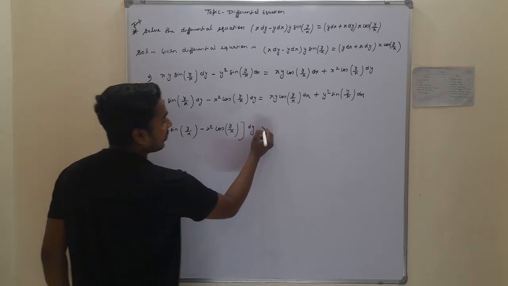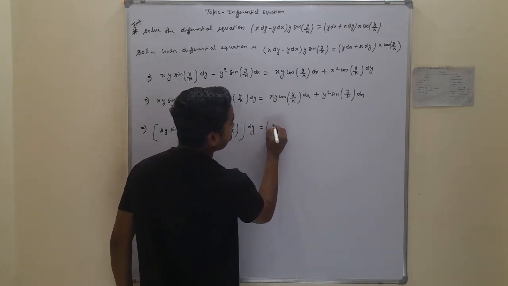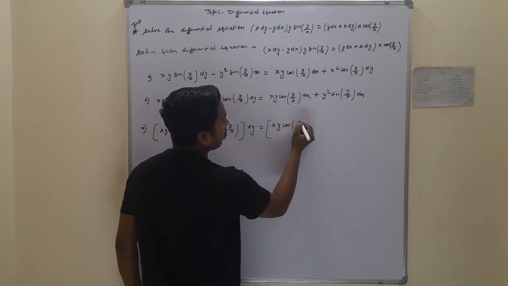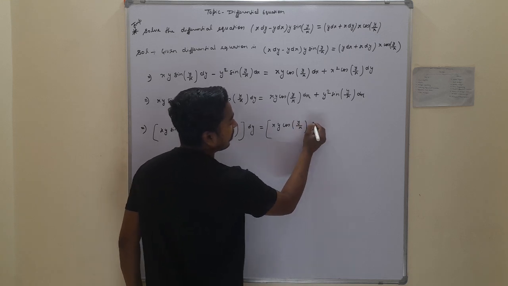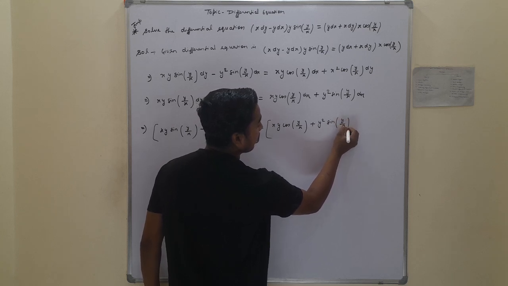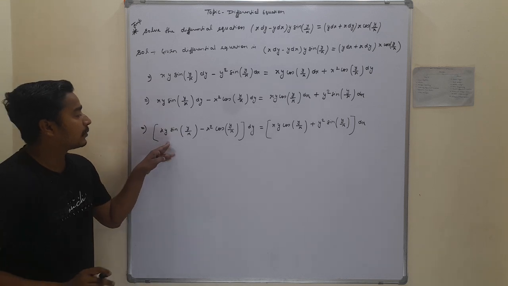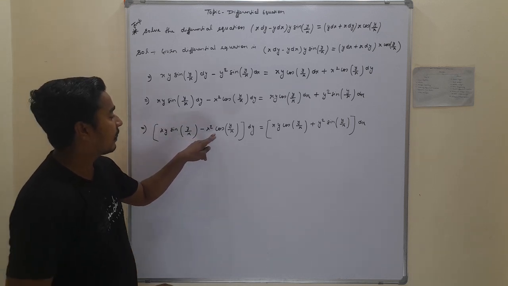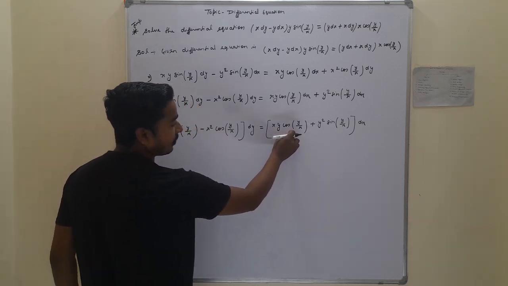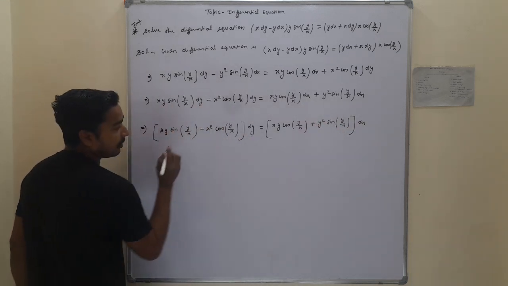Similarly, taking dx common from the right hand side, this is [xy cos(y/x) + y² sin(y/x)] dx. So xy sin(y/x) − x² cos(y/x) is taken to the denominator, and dx to the denominator of dy.